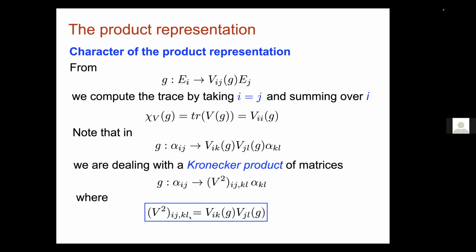The advantage of doing this is that now this equation is formally identical to this one. The only difference is that here I have single indices, here I have double indices. So instead of j, I have kl. Instead of i, I have ij.